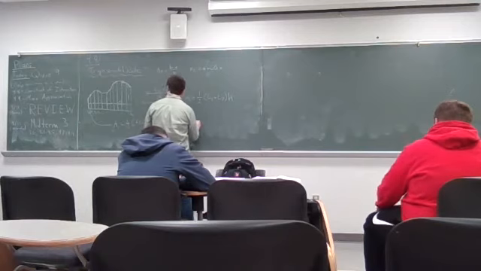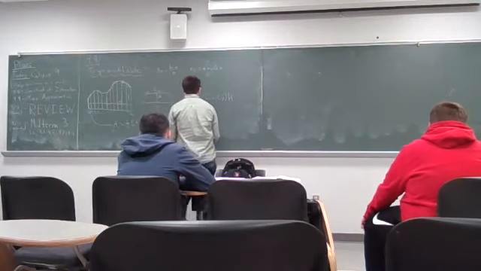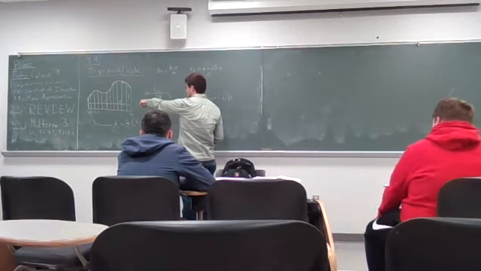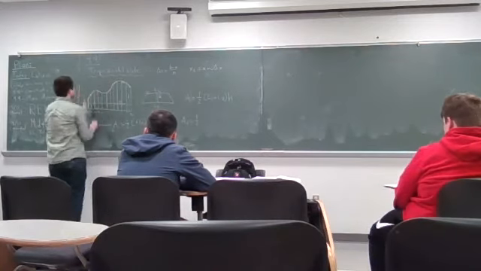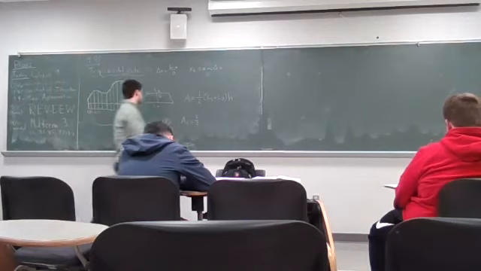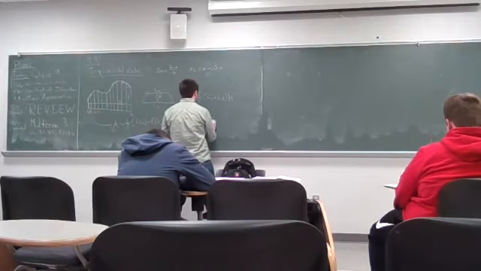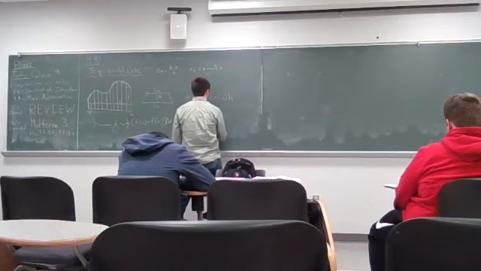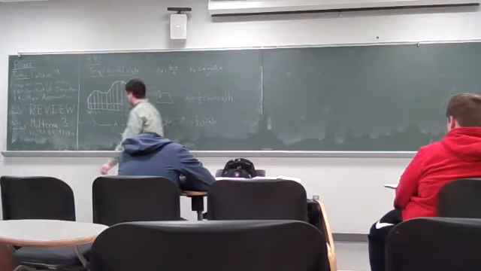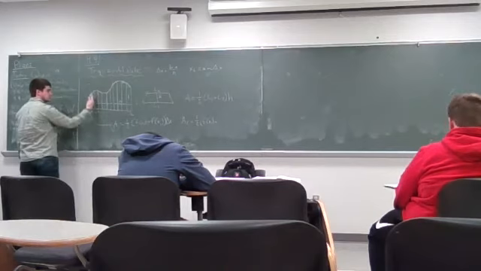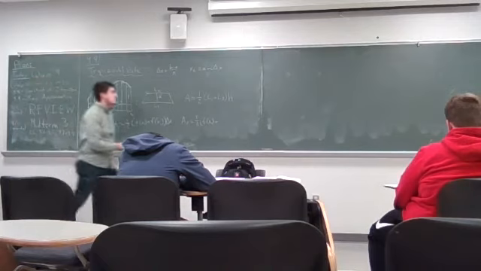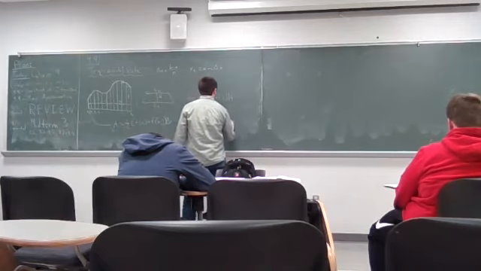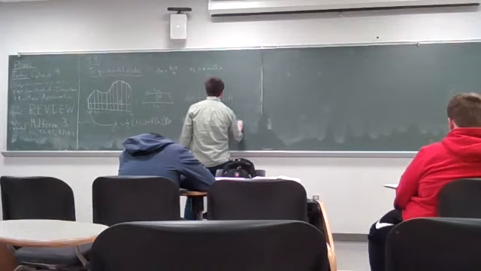A2 is going to be 1/2, so I do the 1/2 again, but now I move to the next one. The length of this side is f of x1 plus, what's the length of this side going to be? f of x2, times delta x.